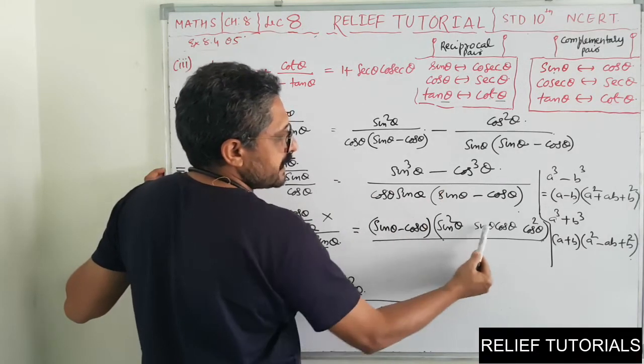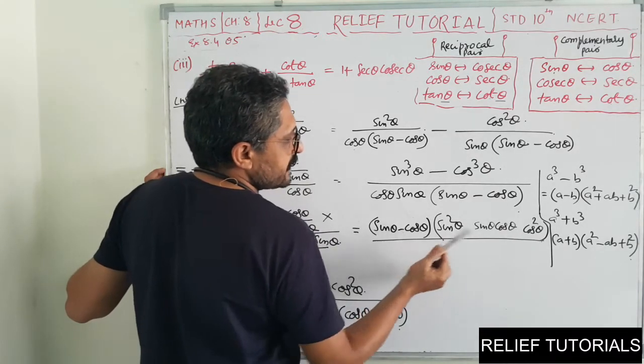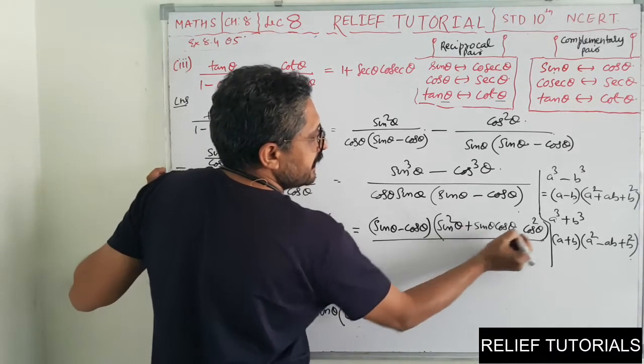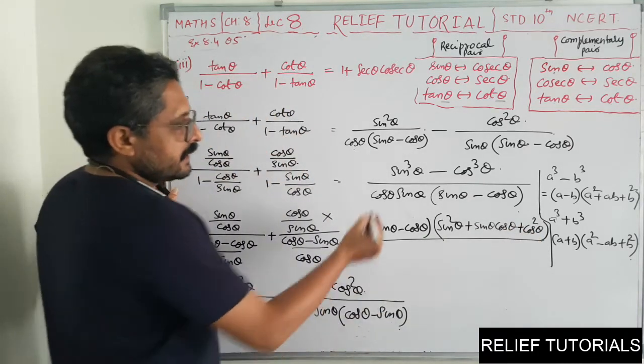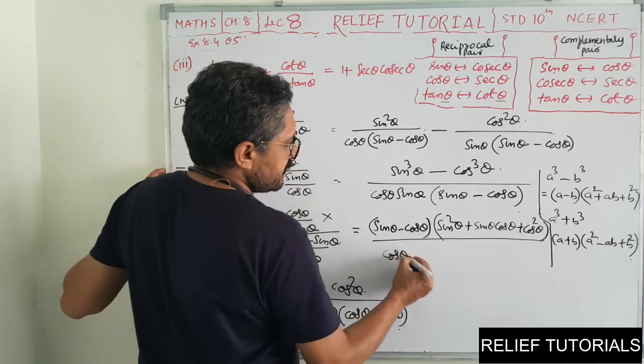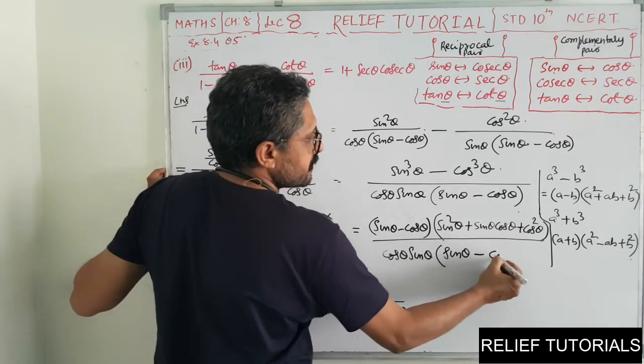Product of these two, sin theta cos theta. Square of the last term, cos square theta. Only one minus sign, so here there is minus, here I will write plus, here also plus. Here and here as it is, cos theta, sin theta minus cos theta.